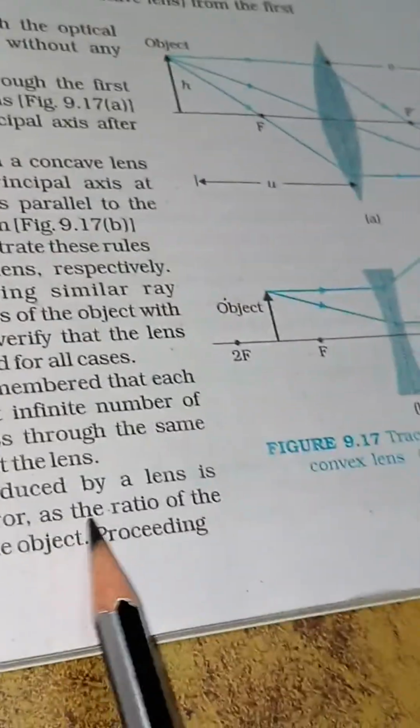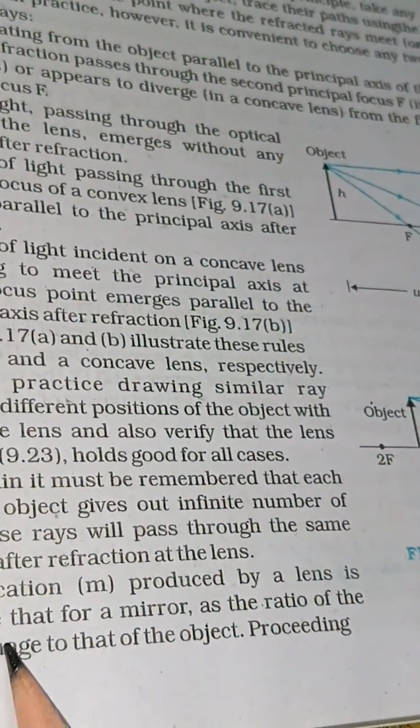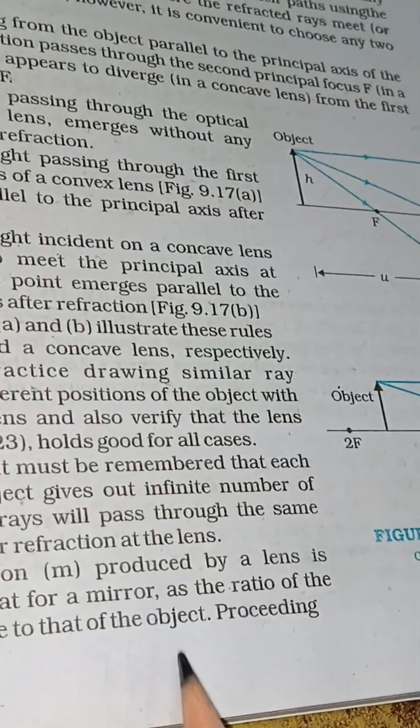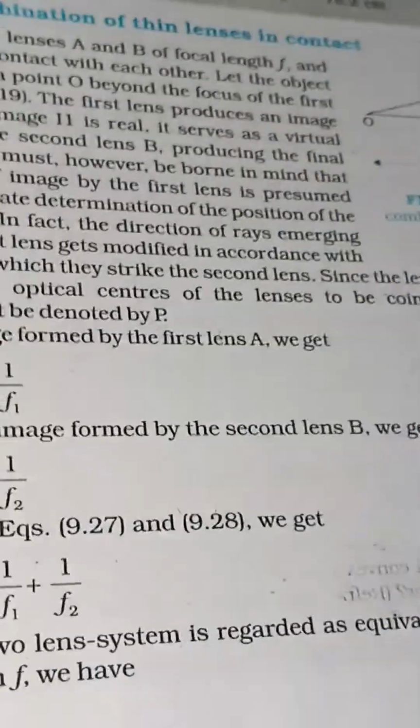Magnification produced by a lens is defined like that of the mirror as the ratio of the size of the image to that of the object.